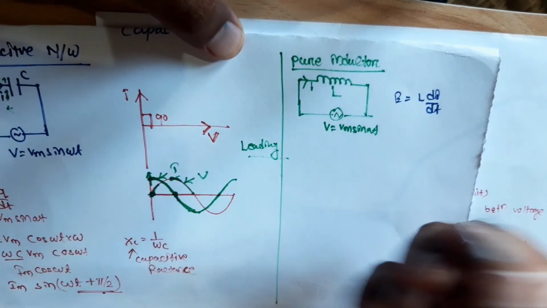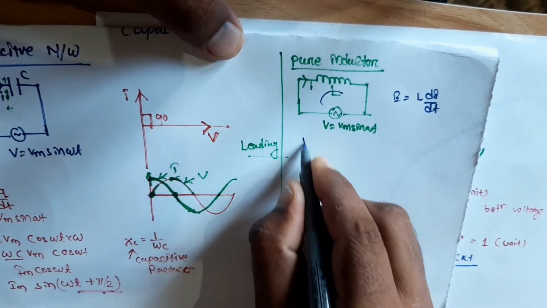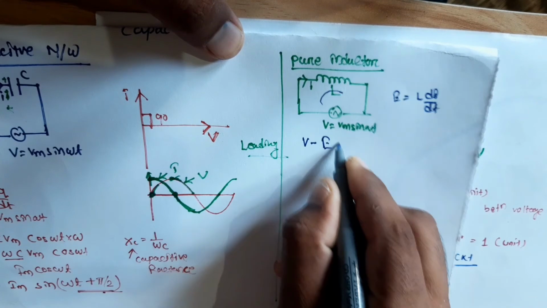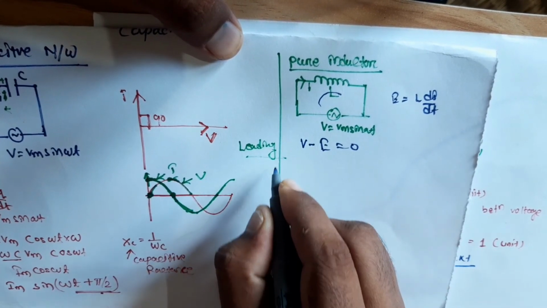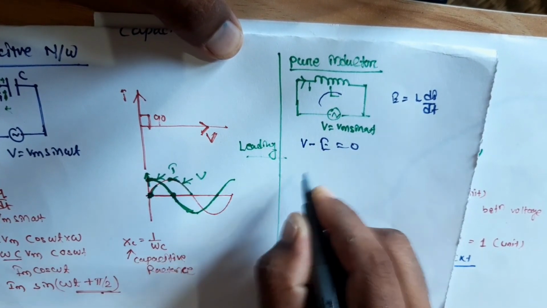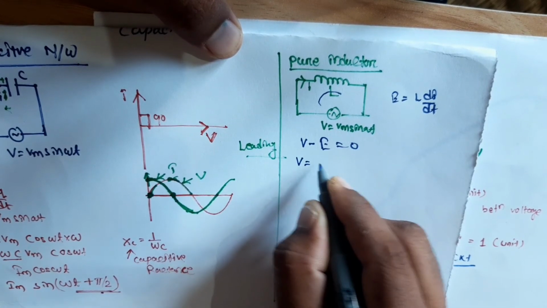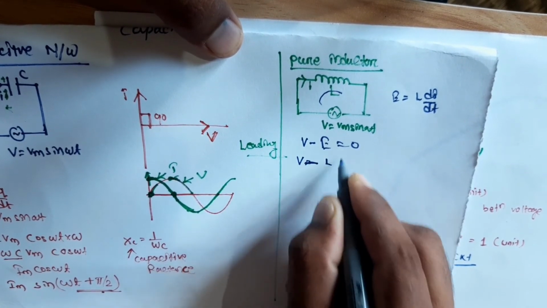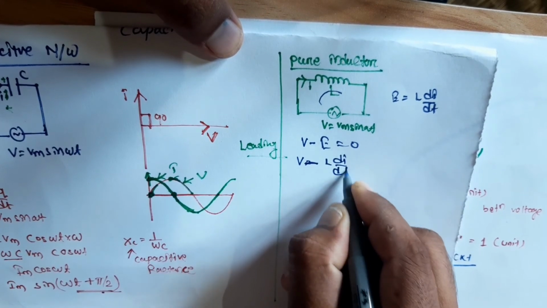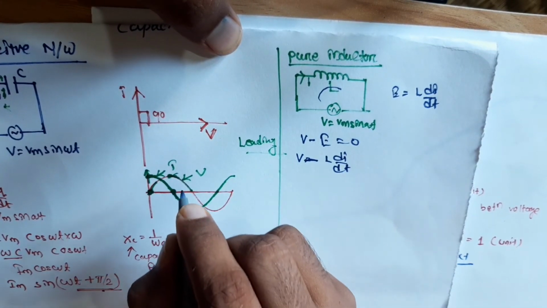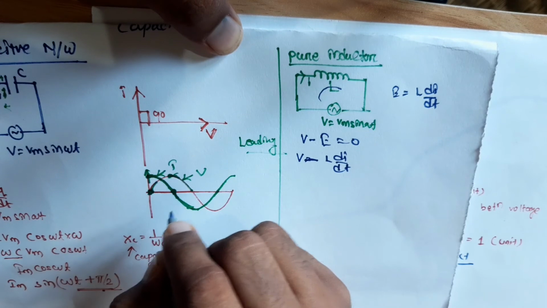When we apply KVL here, V minus E equals 0, so V minus L di by dt equals 0.